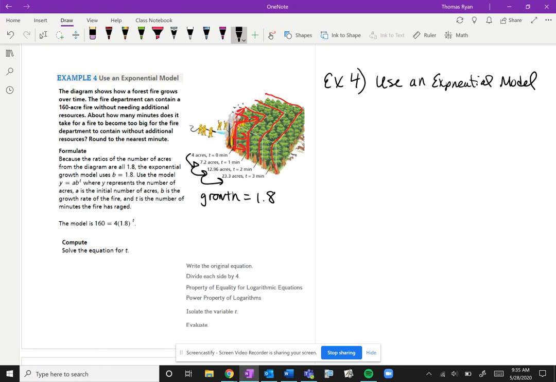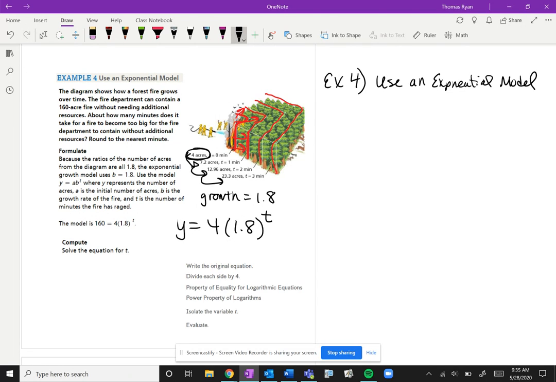So each time it's growing by 1.8, and we're going to put it in the model of y equals the starting value, which is 4 acres at 0 minutes, 4 times 1.8 to the t, because then it's growing exponentially at every minute thereafter.